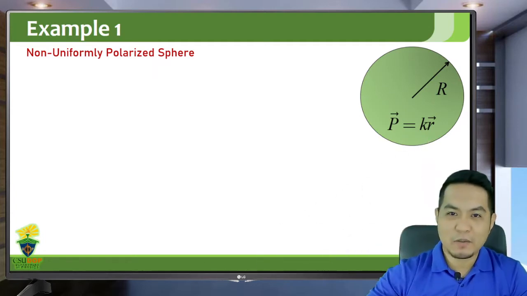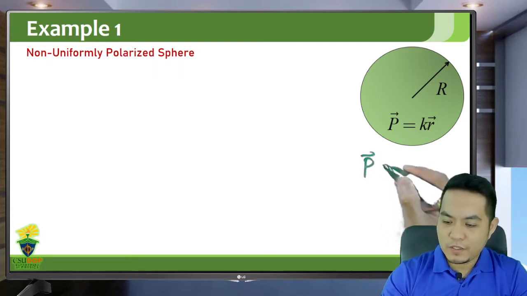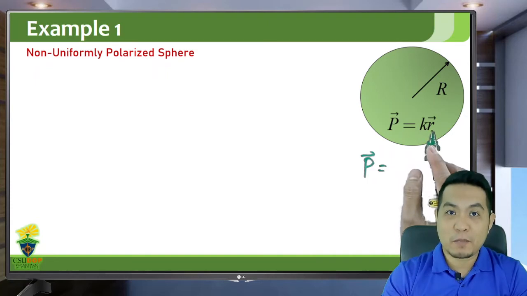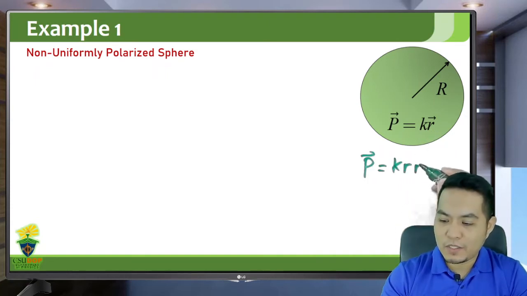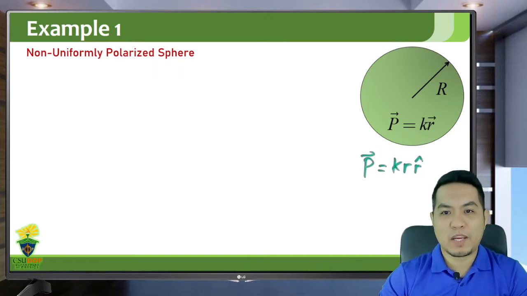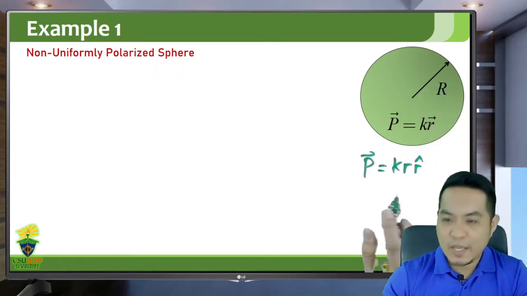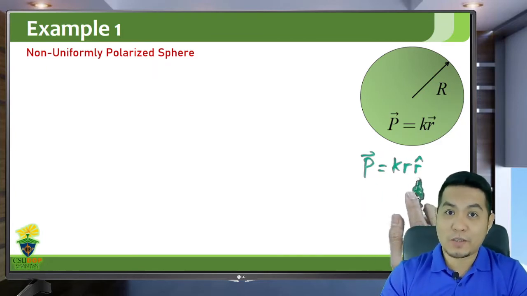So what does this mean? Your polarization is k times the position vector r, and in spherical coordinates, the position vector is just r times r hat. So that is basically your polarization. What does this further mean? This means that the polarization is only along the r hat direction, the radial direction.